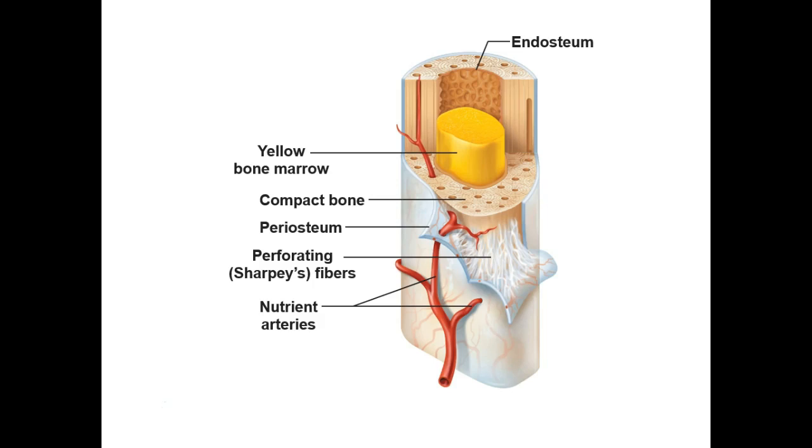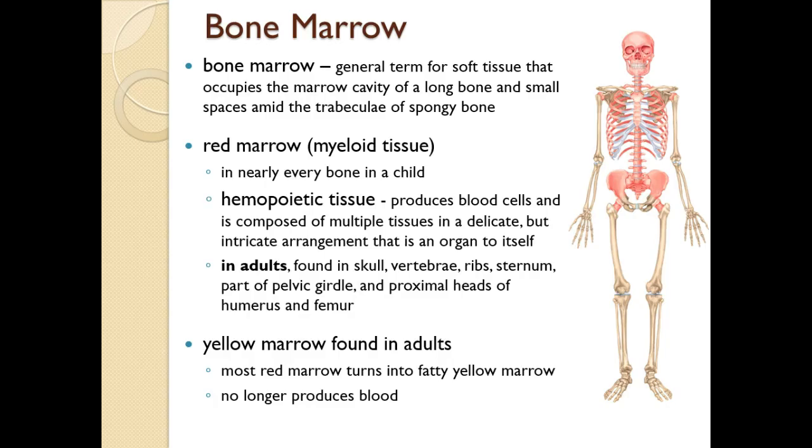So this picture is showing you the membrane there, the periosteum, and the perforating Sharpey's fibers that you see connecting, sort of like glue, the membrane to the bone. But then you also see the blood vessels traveling through the compact bone there. And you can see the yellow marrow with more detail. This is just the shaft of any long bone. That's not showing you what actual bone it is.